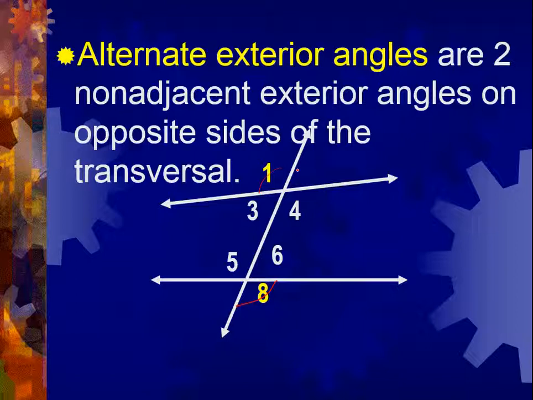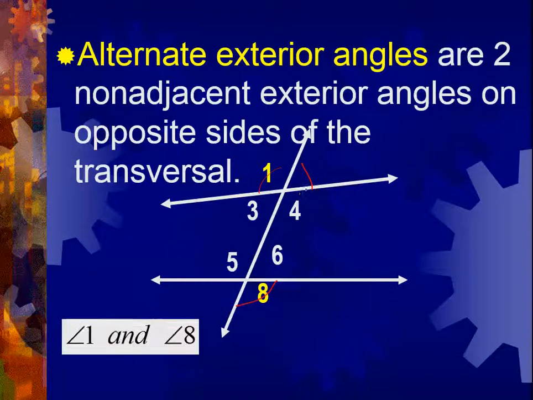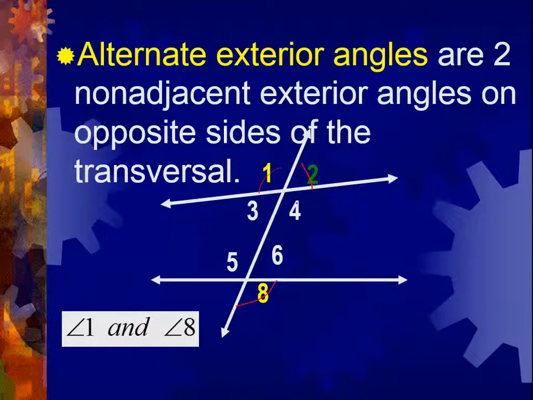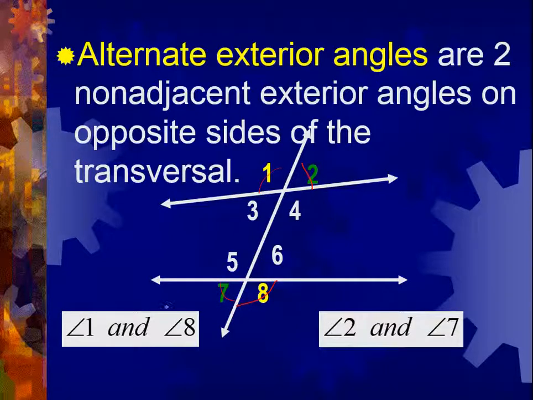Now if we have angle 2, which one is going to be the exterior angle to angle 2? If angle 2 is on the right side, we got to go to the left side, and it has to be on the outside of these two lines. So our only option is angle 7. So 1 and 8 and 2 and 7 are alternate exterior angle pairs. Again, 2 of them.